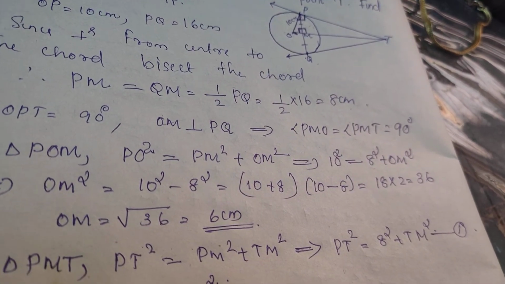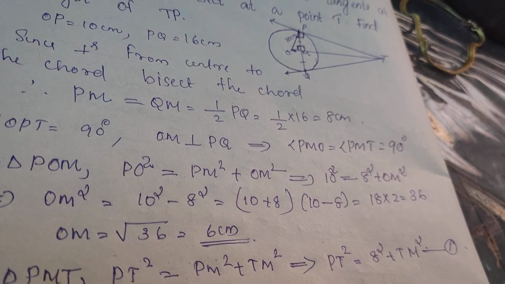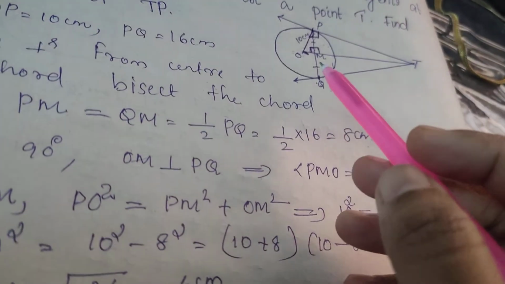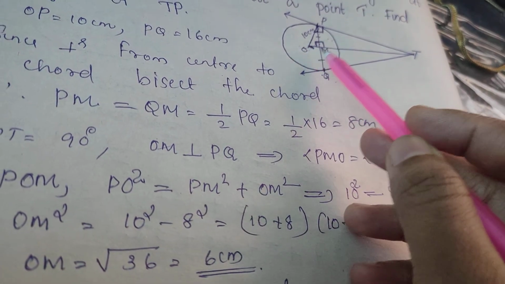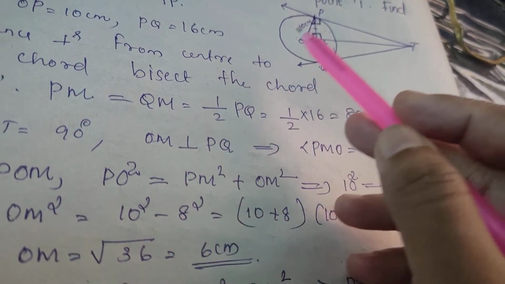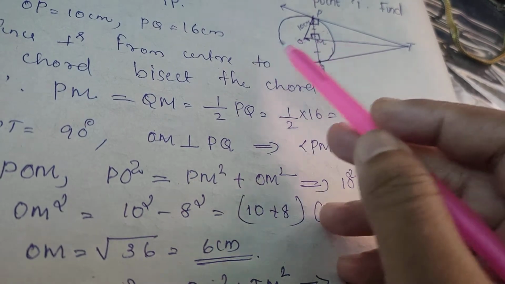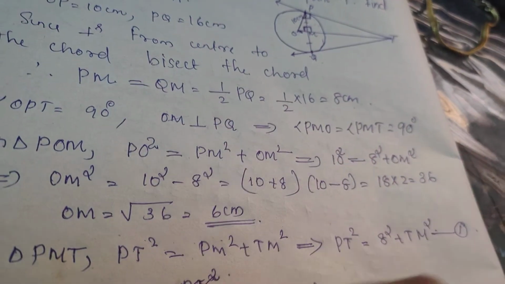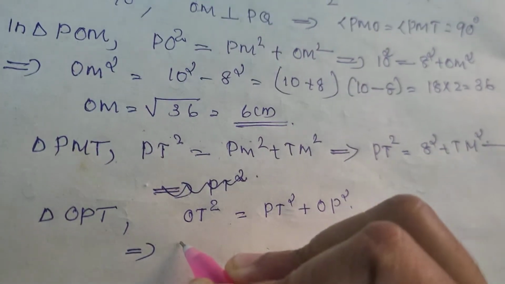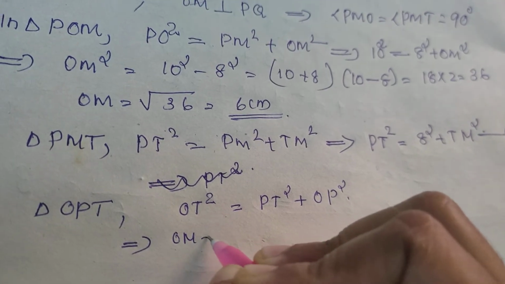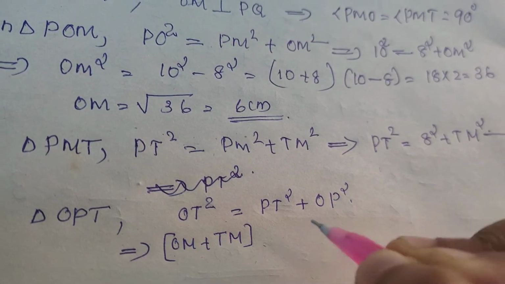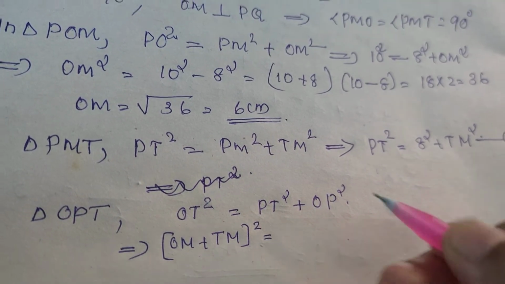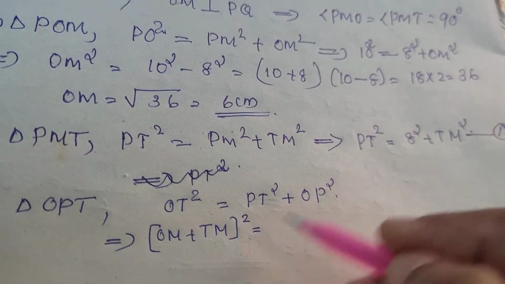So here we consider a small change. OT, just consider the figure. OT is divided into two parts, OM and TM. So we replace OT as the sum of OM and TM. OM plus TM whole square is equal to PT square plus OP square.